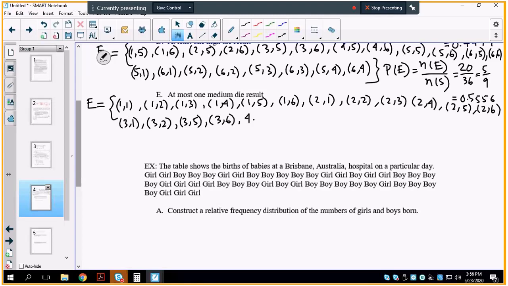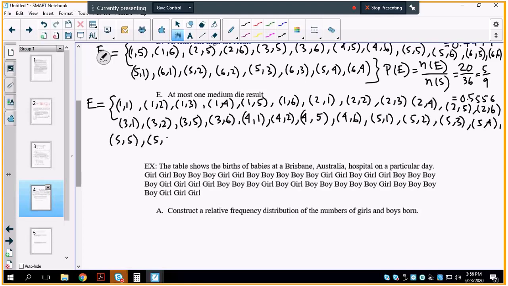For 4, it's similar. 4,1; 4,2. 4,3 cannot be there. 4,4 cannot be there. 4,5 is good. 4,6 is good. 5, all of them are good: 5,1 through 5,6. And 6,1 through 6,6, all of them are good.